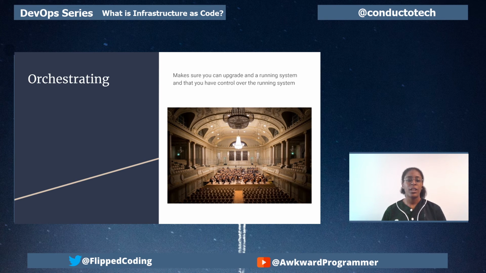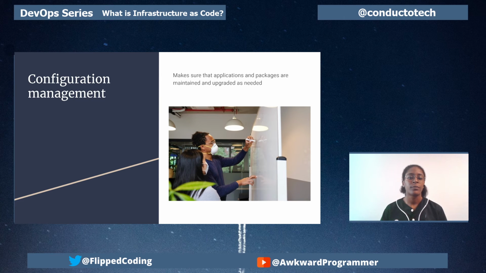And that means orchestration. So you will have the ability to upgrade your servers and other systems. You can change your resource allocation, and you generally just have fine-tuned control over everything that happens with your infrastructure.